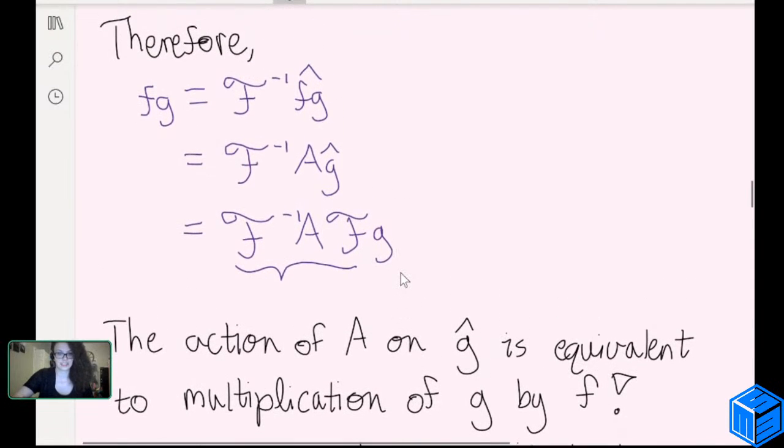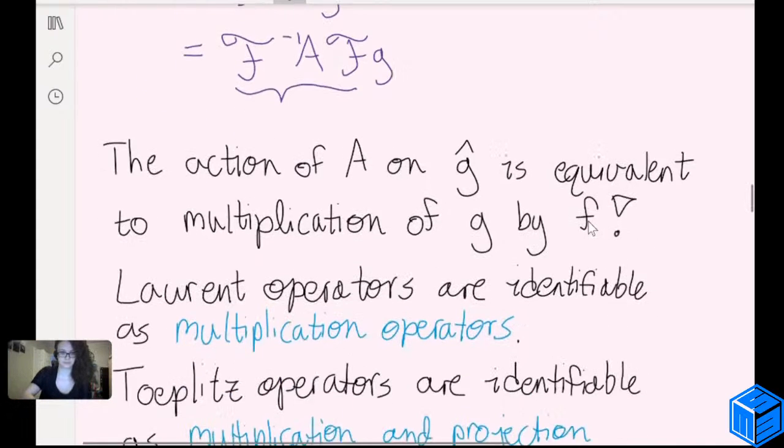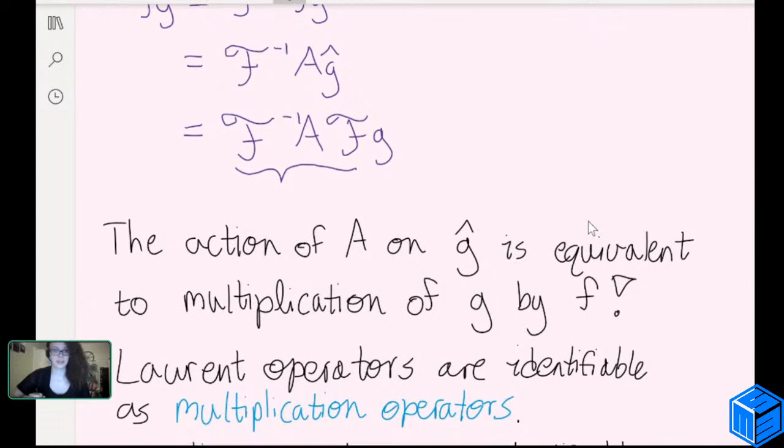So we can say that the action of A, our Laurent operator, on g hat is equivalent to multiplication of g by f. And so that means we can identify Laurent operators as multiplication operators.